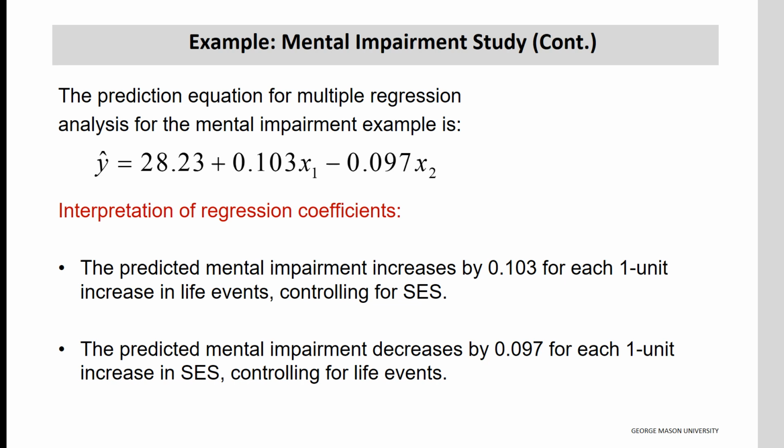Looking at the second independent variable, we would say that mental impairment decreases by 0.097 for each 1 unit increase in socioeconomic status, controlling for life events. We say decreases because there is a negative association, as reflected by the negative sign of the slope of SES between SES and mental impairment.